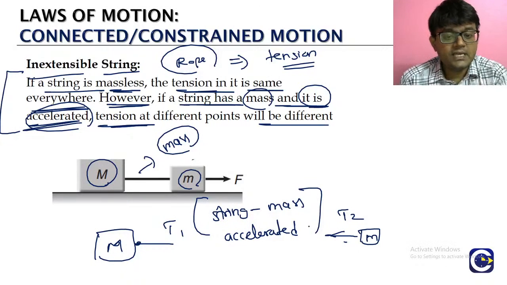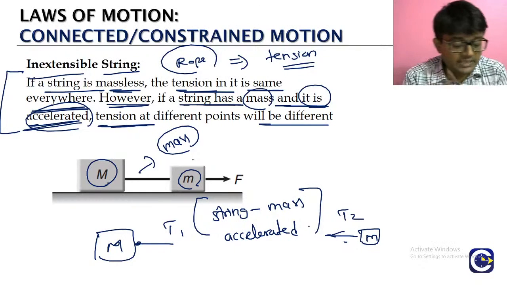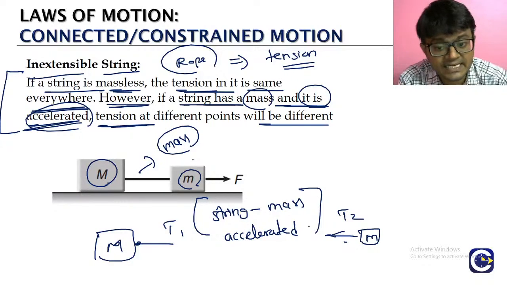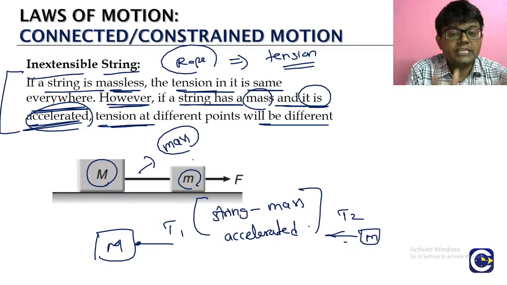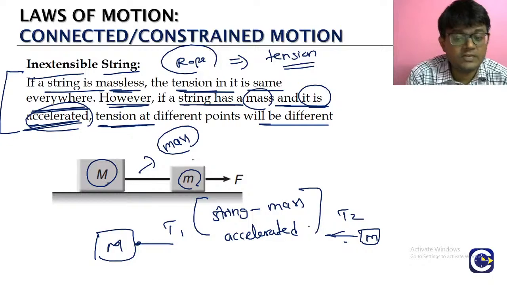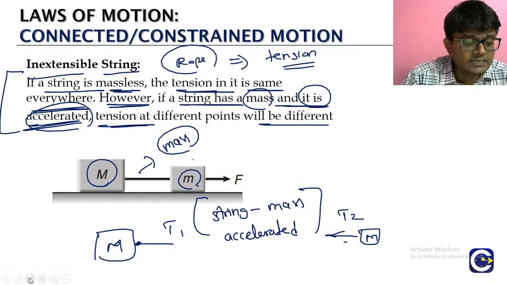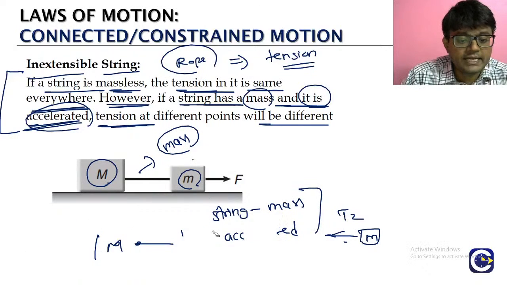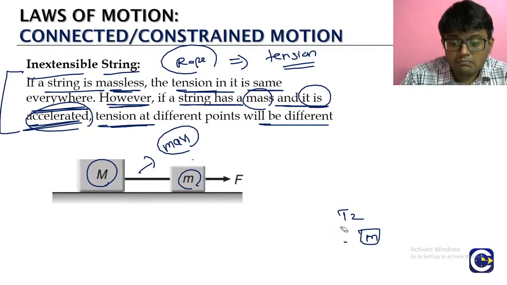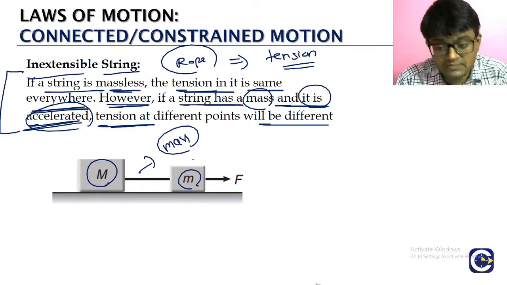In that case, if the string has mass and is accelerated, then the tension at different points on the string will be different, like in this case. So this is an important assumption: the assumption of the massless string.